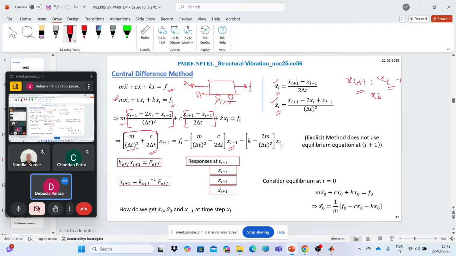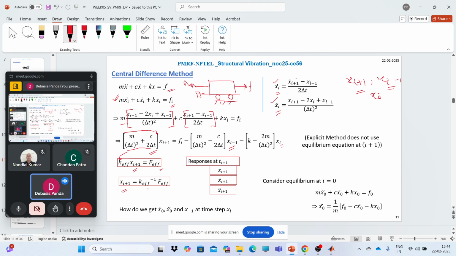So this is actually written as the k effective multiplied by the response at the I plus 1 time point, which is nothing but the total load written as f effective. So from this equation we can easily find the displacement at the I plus 1 point.